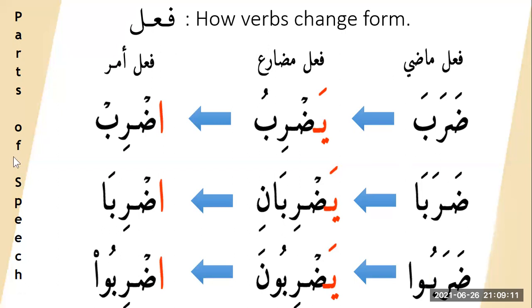All are for males first. Okay? Any question? It's all male third person for present tense and past tense. Of course, for amr, you don't have a third person. You only command the person in front of you, the second person. You cannot command a third person. Right? Any question? I'll continue then.